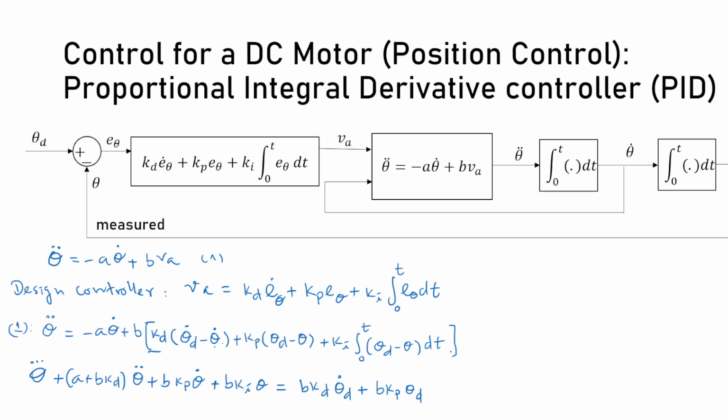Am I right? I think this one is theta double dot, eh? Yeah, kd theta d double dot, kp theta d dot, and then plus b ki theta d.